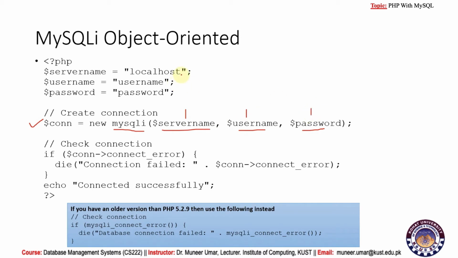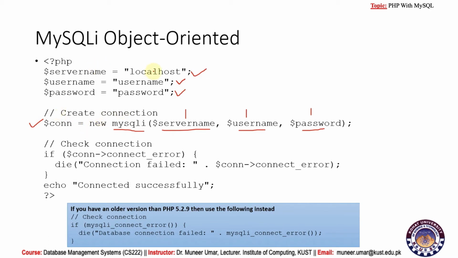Usually we work on localhost because the DBMS is on our system, so we will use localhost for this purpose. Then the username, which we use to connect to our databases, and the password, which was stored for that username. Usually we use root for connecting to our MySQL server.